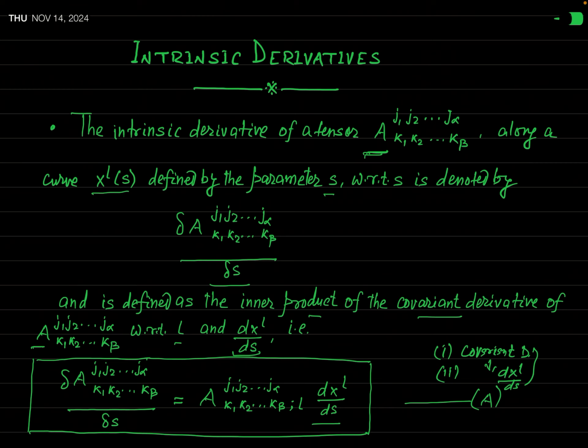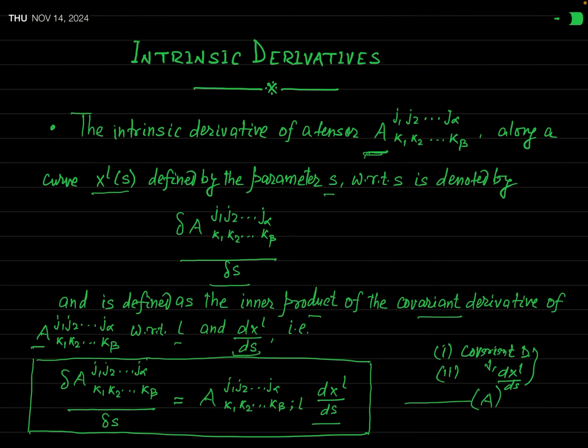Now, after knowing this basic definition of the intrinsic derivative of a given tensor along a given curve, we are going to see how the intrinsic derivative of a contravariant vector, covariant vector, a scalar, or fundamental tensors can be defined.